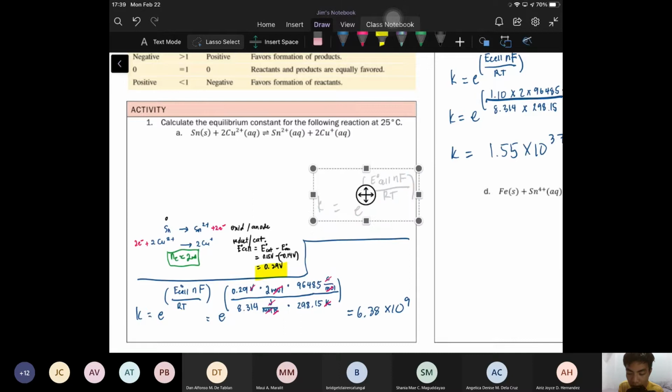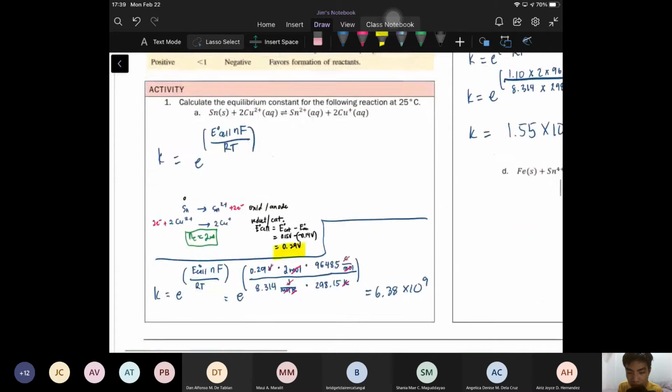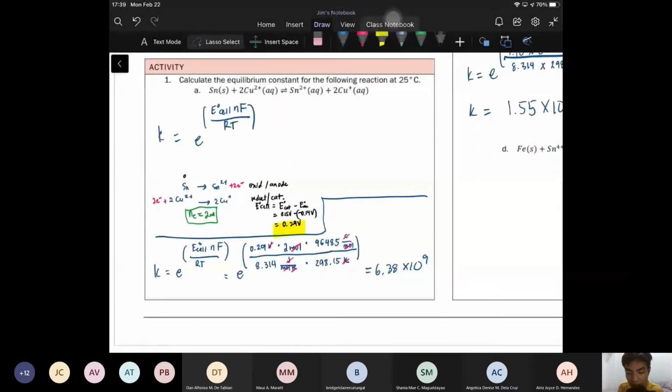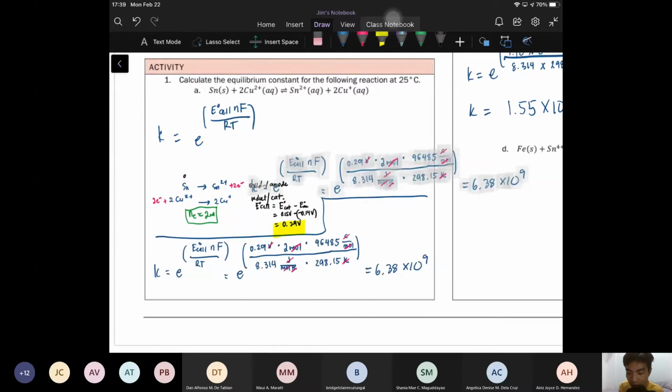We can either use negative NF E cell or we can also use negative RT ln K. Ang tanong, will they give the same answer? Ang sagot ay yes. No? So they will both give the same answers. So okay lang kahit ano gamitin mo, kasi same lang din yung value na lalabas naman.